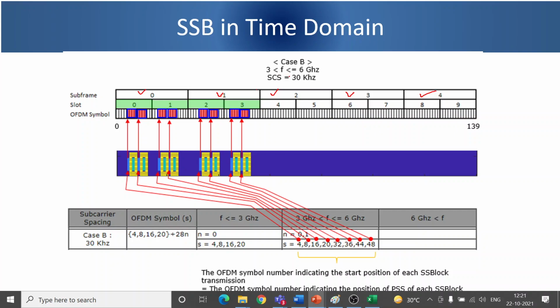You have 4 SS blocks, and where those are located, we had calculated those symbols. These locations are given here: symbols 4, 8, 16, 20. If you make the numbering of all symbols continuous, it will be like this. So these are the locations of your SS block in time domain.